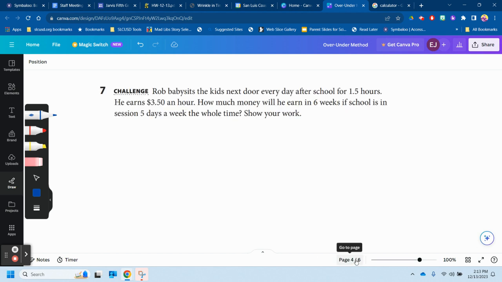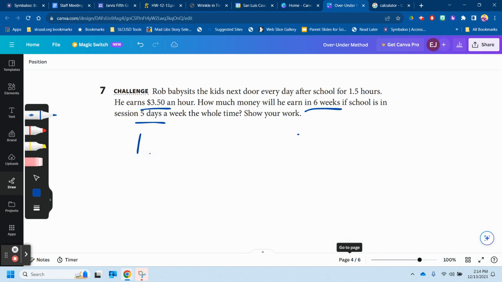And number 4, multiple steps here. Rob babysits kids next door every day after school for an hour and a half. He earns $3.50 every hour. How much will he earn in 6 weeks of school, 5 days a week? Okay, so how many hours? I have to find out several things. I have to find out how many hours he works in 5 days, and then times that by 6 because he does that 6 times, and then times that by $3.50.